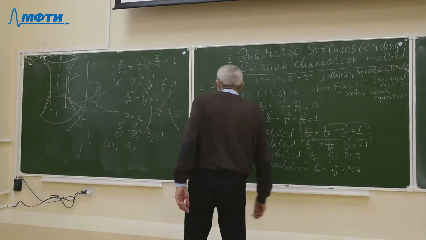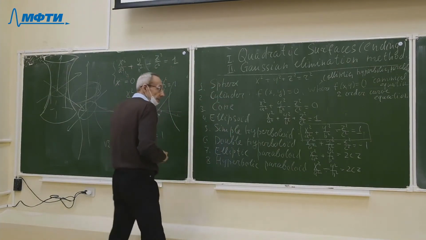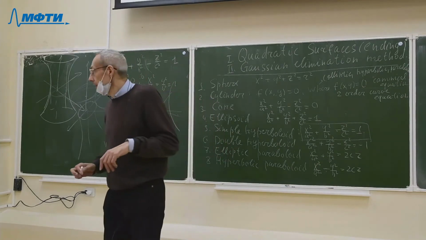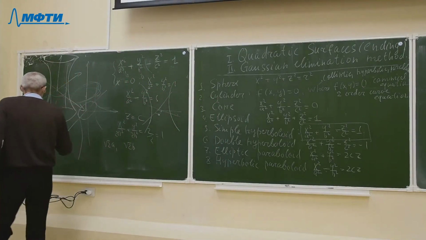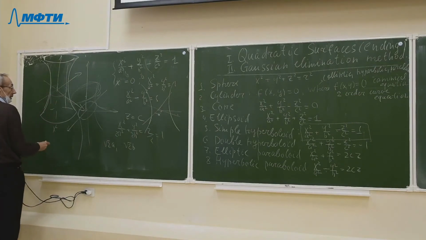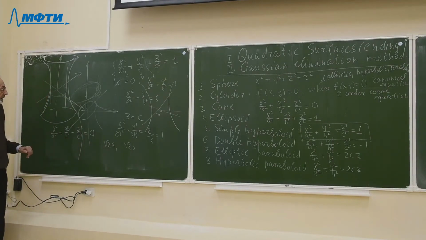And we also can consider the cone x squared divided by a squared plus y squared divided by b squared minus z squared divided by c squared is equal to 0.